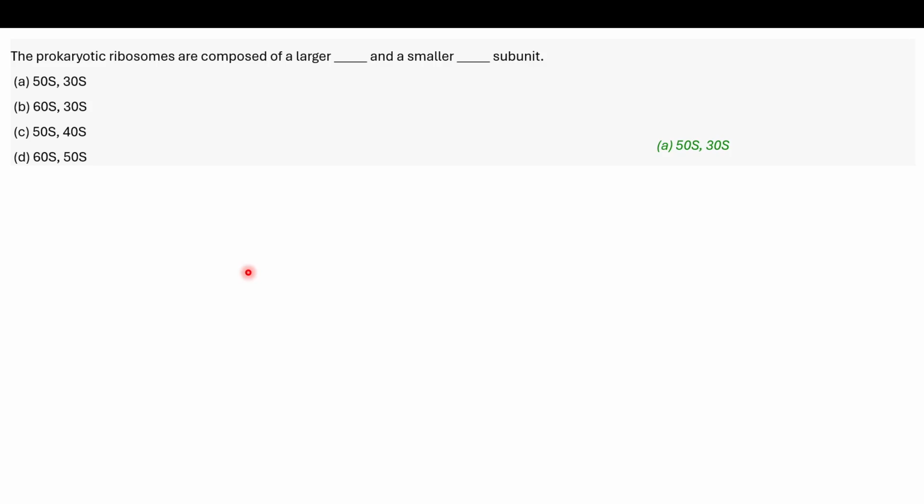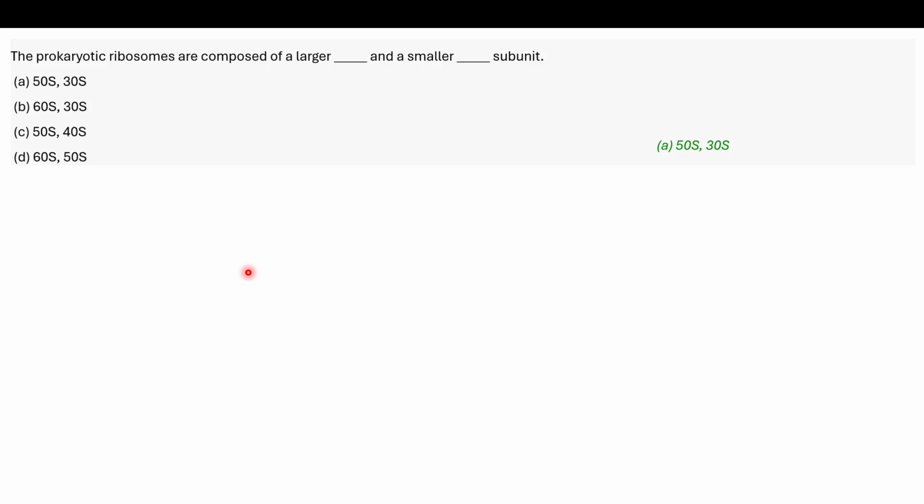But these are separate subunits, right? So in the case of prokaryotes, when 50S and 30S join, what is the combined ribosome that is formed? Yes. And in eukaryotes? Yes.